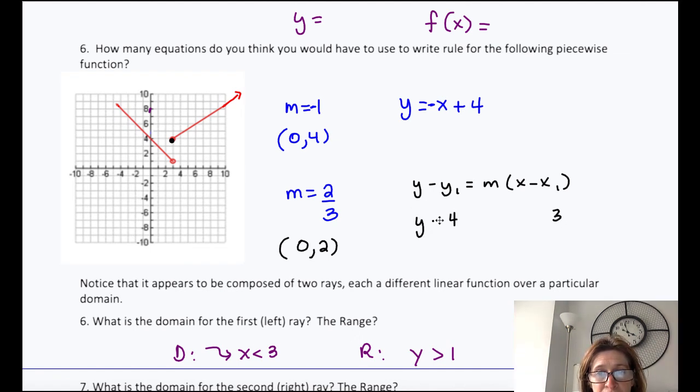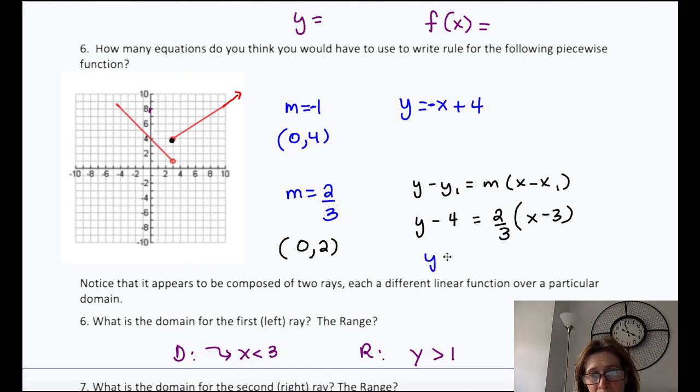And I know that my slope is 2/3. So I could do that. And I could distribute. So let's see. y minus 4 equals 2/3 x minus 2, and then add 4. And there I've got my equation, y equals 2/3 x plus 2.